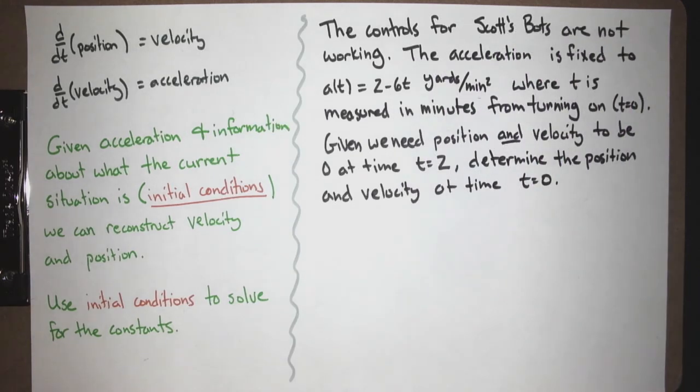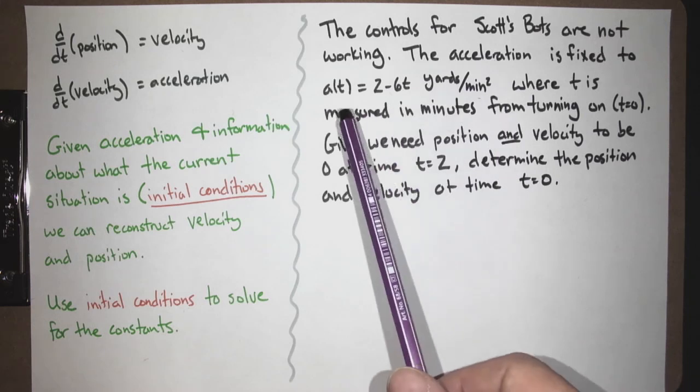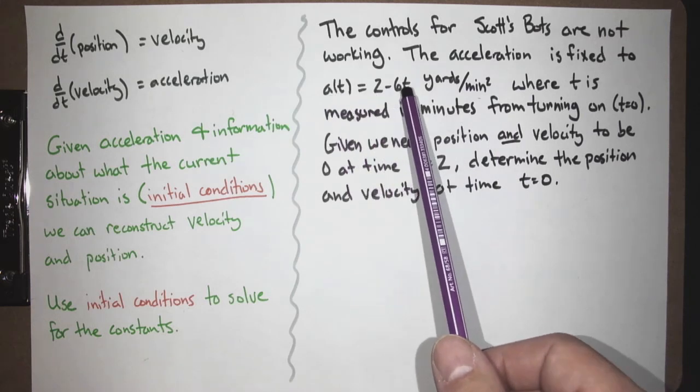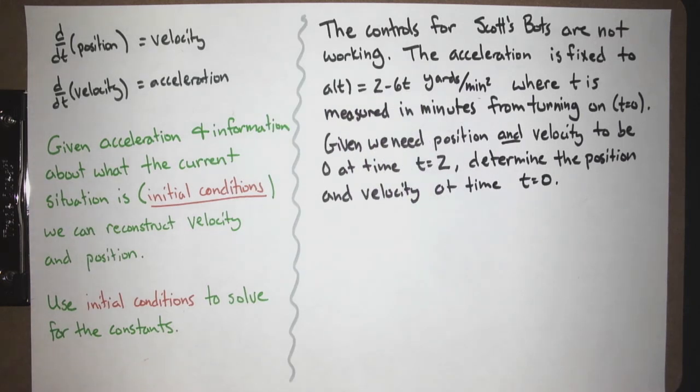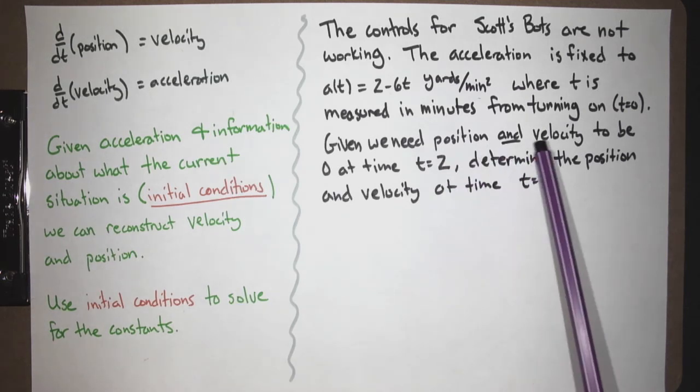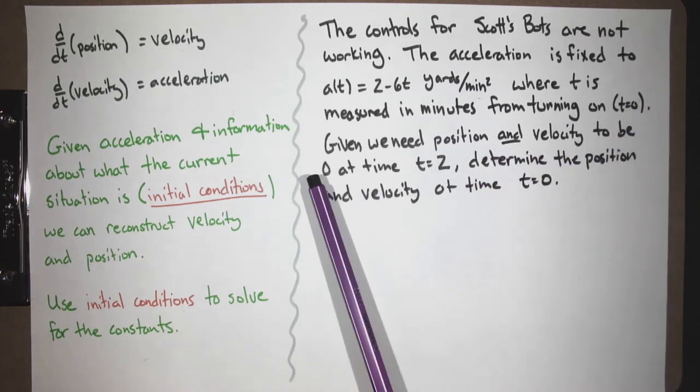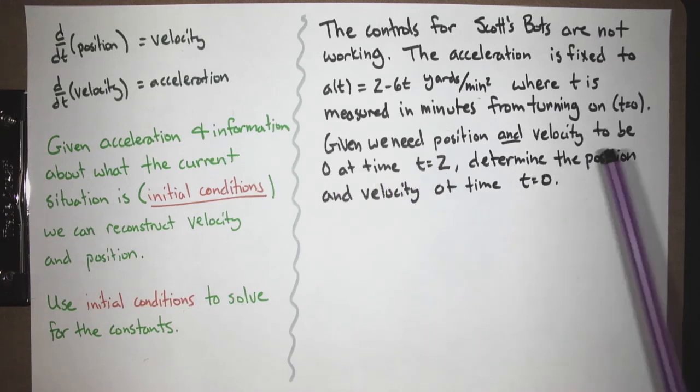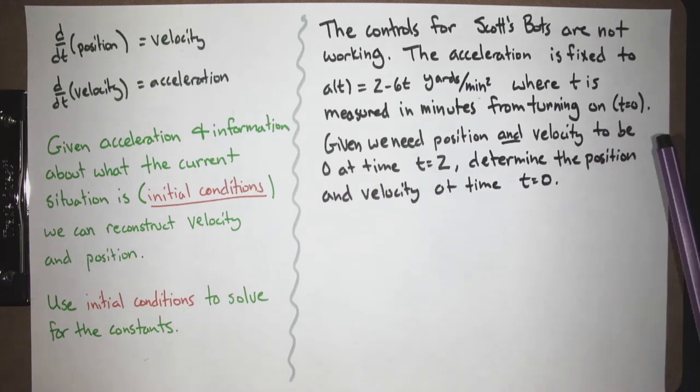The acceleration is fixed. So the acceleration is 2 minus 6t, so they can't change the acceleration. T happens to be measured in minutes from the time you turn it on, which is at time 0. Now, for the presentation, we need to have the position and the velocity be 0 at time t equals 2. What should be the position and the velocity at time t equals 0?